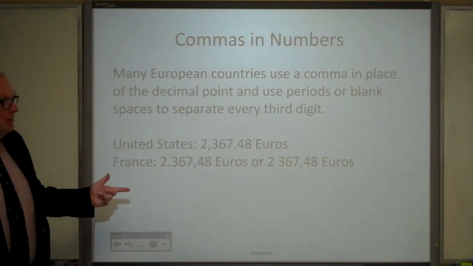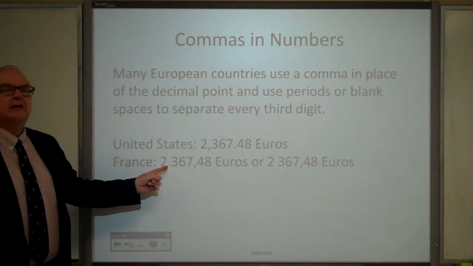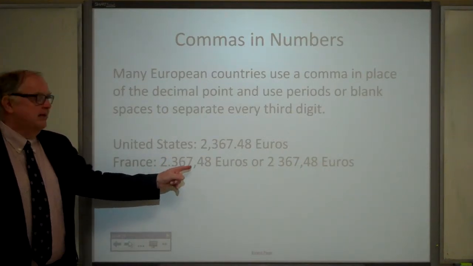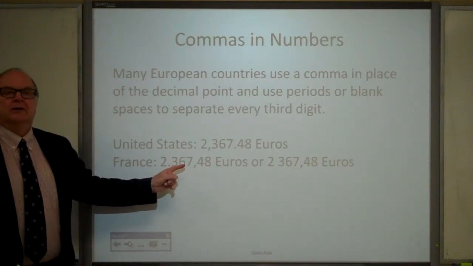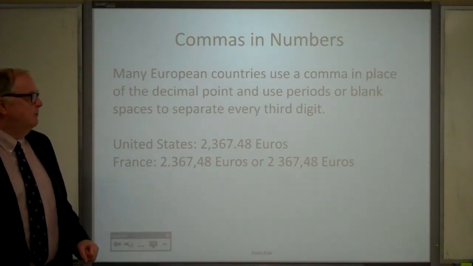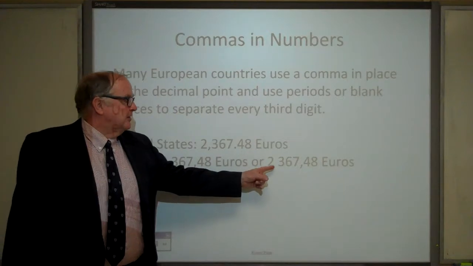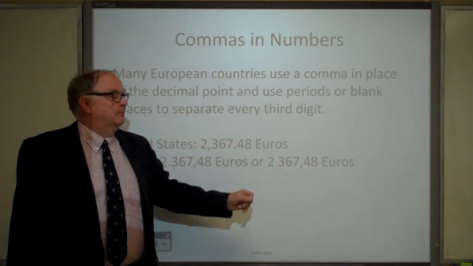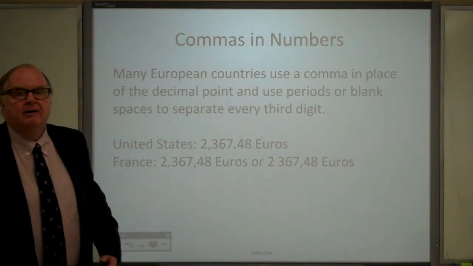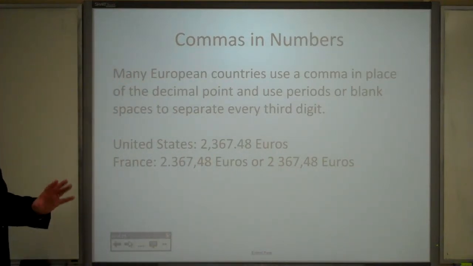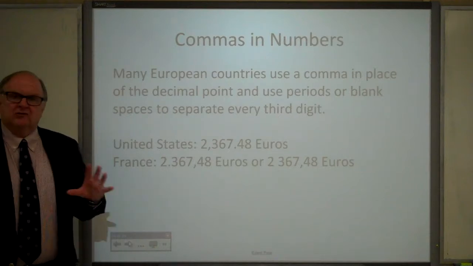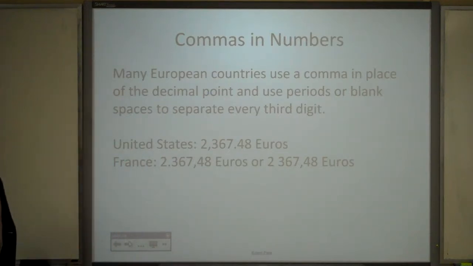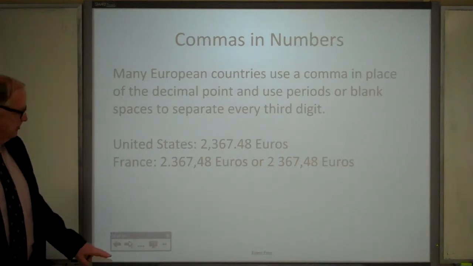In France, they would probably do it the opposite way. They would have the period to separate the thousands and a comma where we would use a decimal point. In some cases, they would just use a space instead of the period and the comma instead of the decimal point. So sometimes if you see numbers written that way, it's just from a different country where the method is a little bit different.